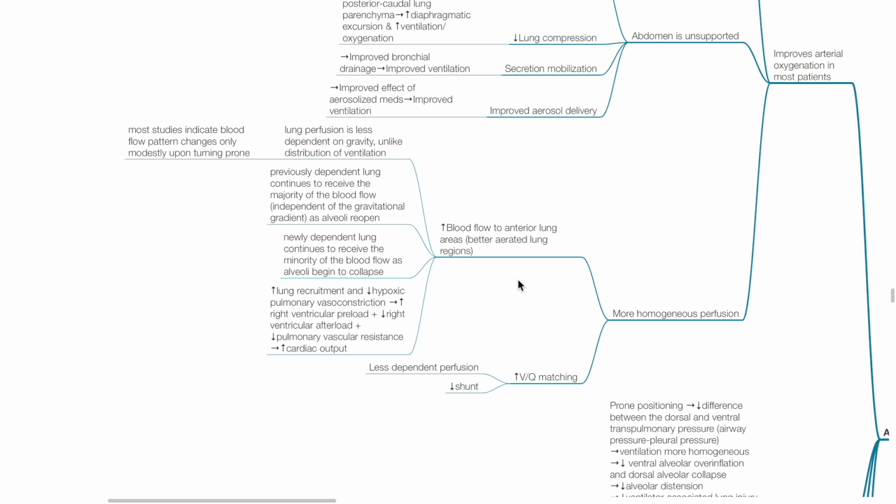Newly dependent lung continues to receive the minority of blood flow as alveoli begin to collapse. Increased lung recruitment and reduced hypoxic pulmonary vasoconstriction results in increased right ventricular preload, reduced right ventricular afterload, reduced pulmonary vascular resistance, and increased cardiac output. There is increased VQ matching due to less dependent perfusion and reduced shunt.